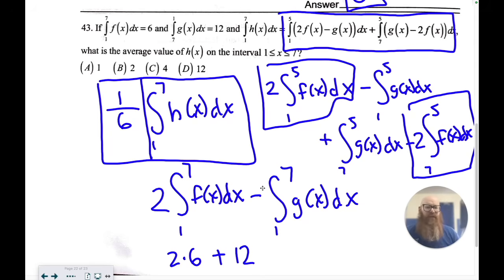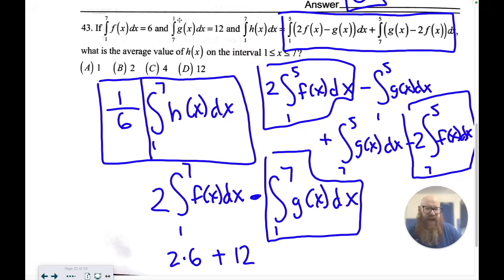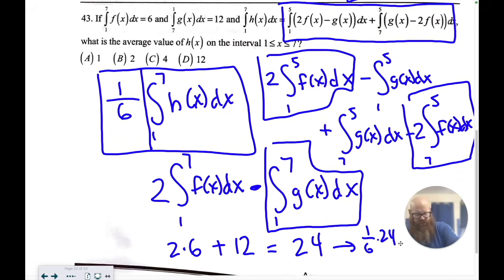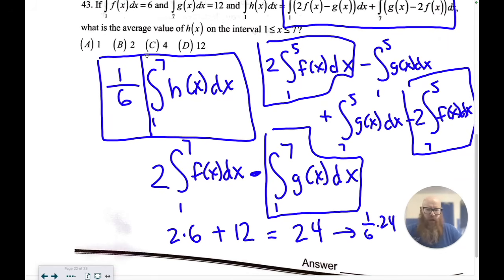So let me say that again. This minus this integral here is negative 12, because the integral from 7 to 1 is positive 12, so 1 to 7 is negative 12, and minus a negative gives you plus. So that gives us 24, but that again is just this part. So we're really doing 1/6 of 24 to find the average value, which ends up being 4, and that is answer choice C.